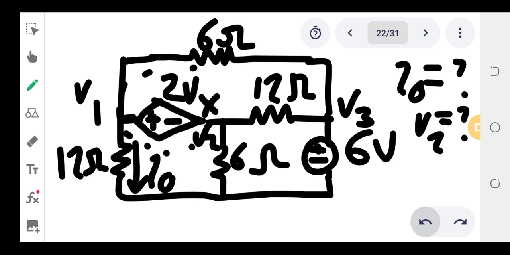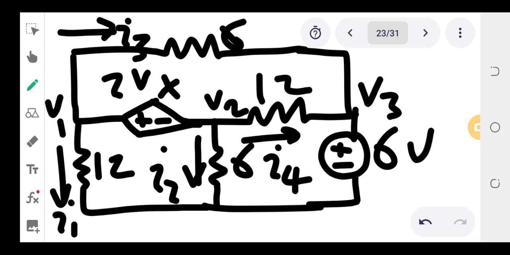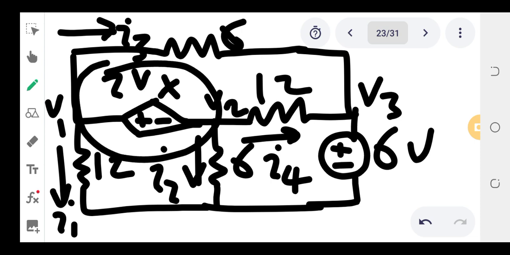This super node is in parallel with this resistor. Whenever we have a super node in the circuit, first of all, we need to know the currents entering the super node and the currents leaving the super node.